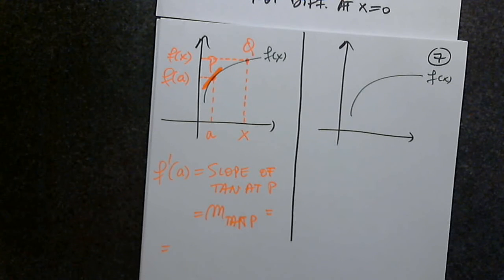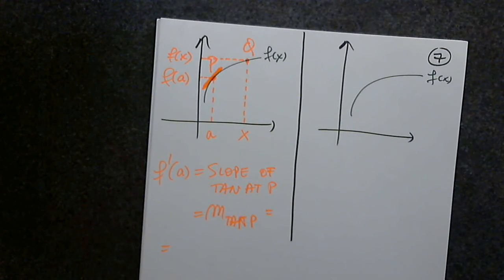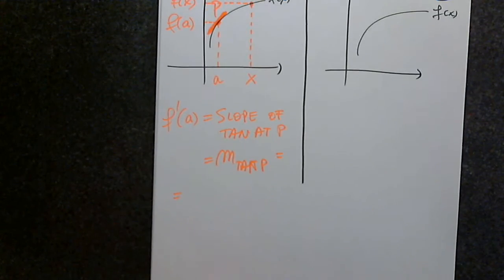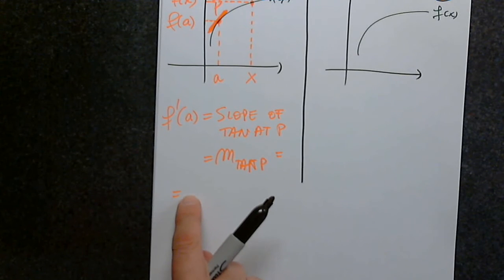So this is f prime of A. It will give us only the slope of the tangent line at P. So please tell me how to write it. How do I start?